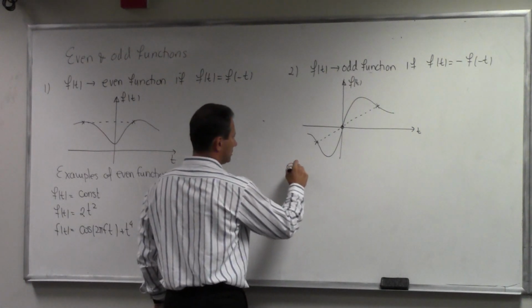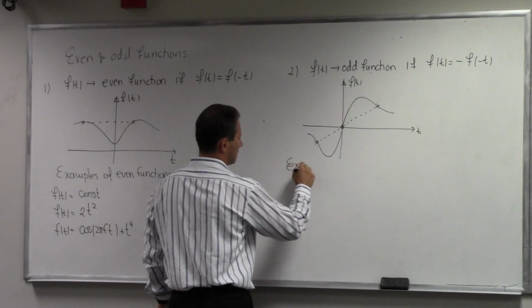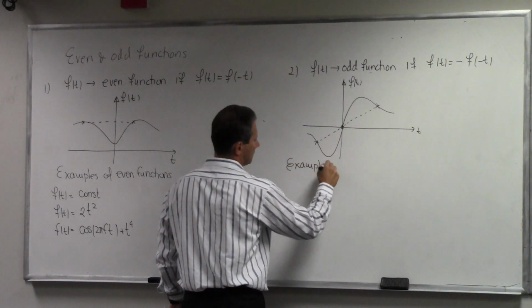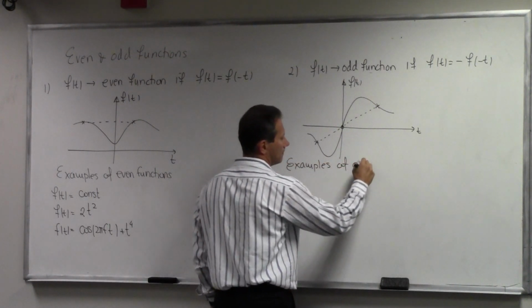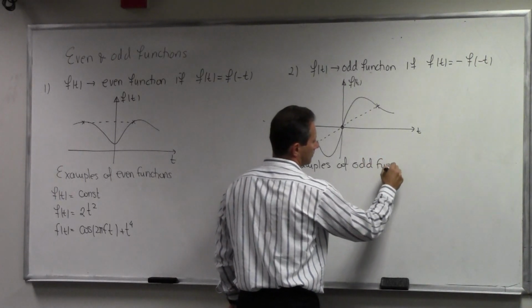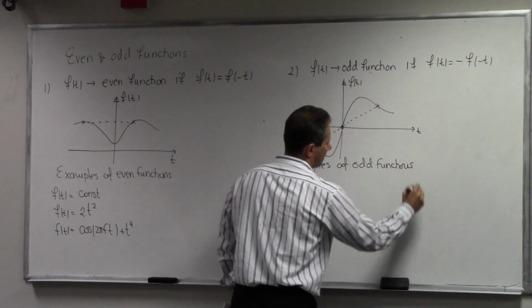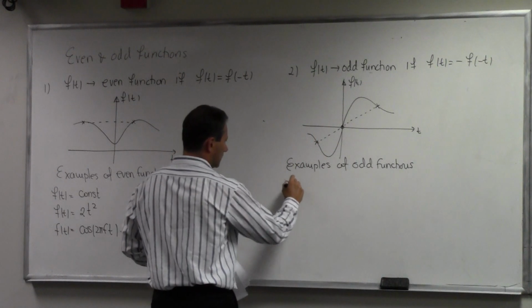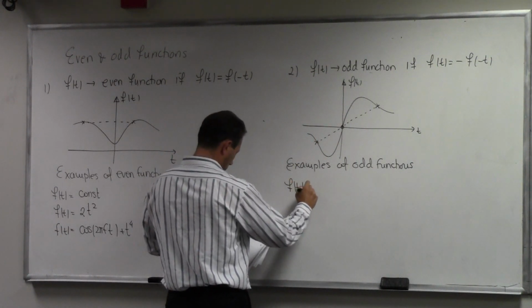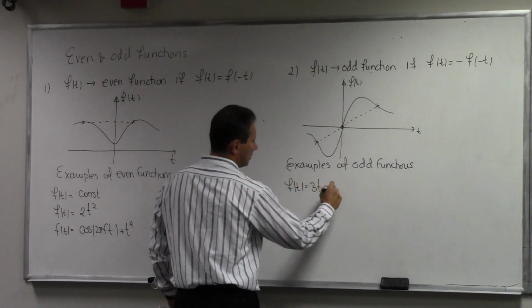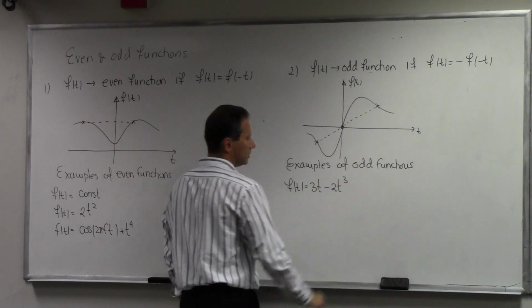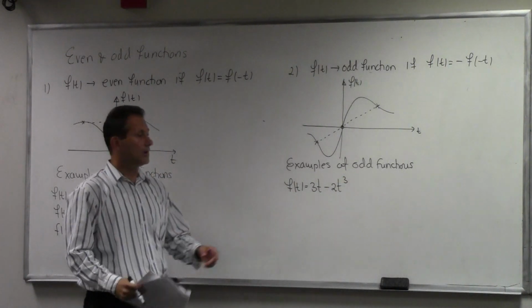Examples of odd functions. Like f of t equals 3t minus 2t cubed. That's an odd function. You can try it.